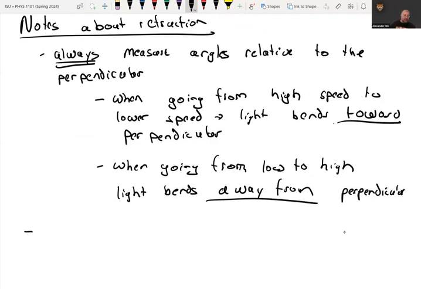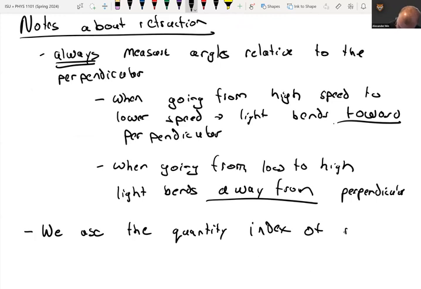All right. Now, one other thing to talk about with refraction is that what we end up dealing with is not the speed of light in the medium. That's not something that's very easy to measure. What we end up dealing with instead is a ratio. So we use the quantity index of refraction to deal with changes in speeds.